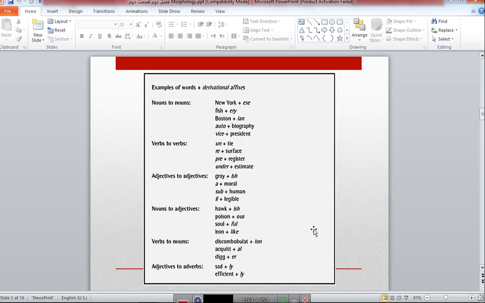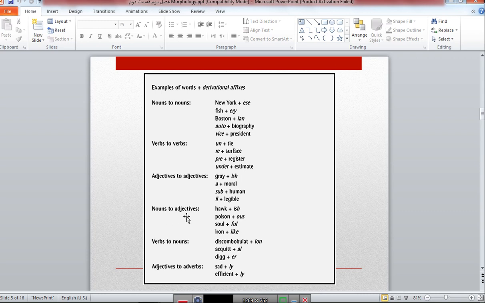And we talk about some examples of derivational affixes. Here, as you see, noun to noun, there are no grammatical changes, but there are some changes in the meaning, or verb to verb. But here, noun to adjective, verbs to nouns, adjective to adverbs, you see there are changes in parts of speech.